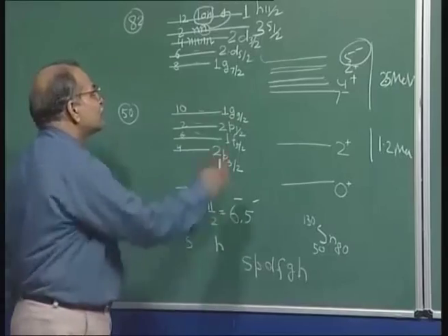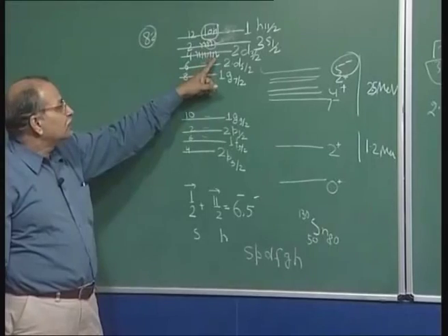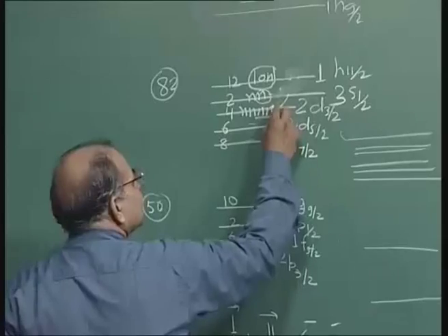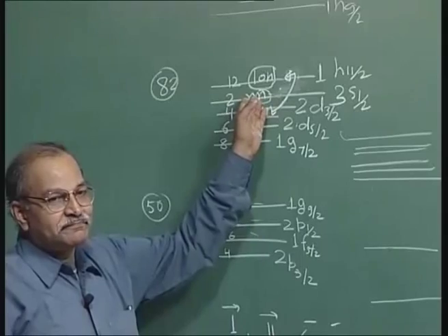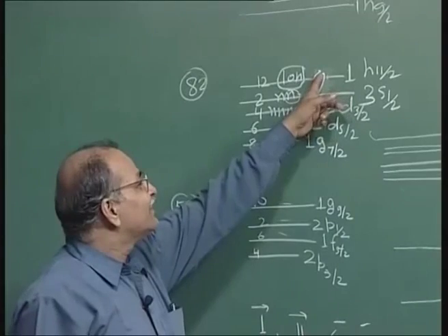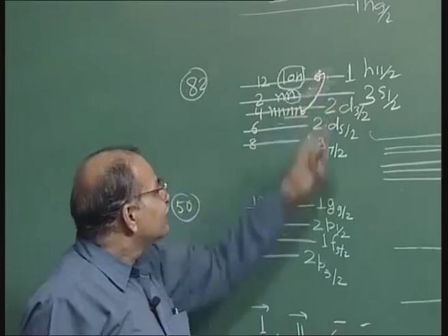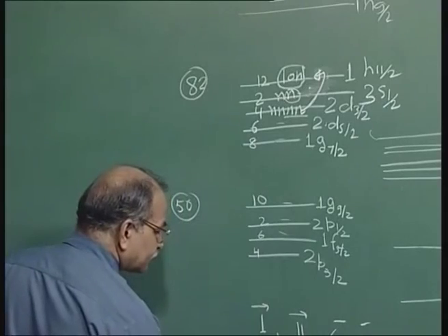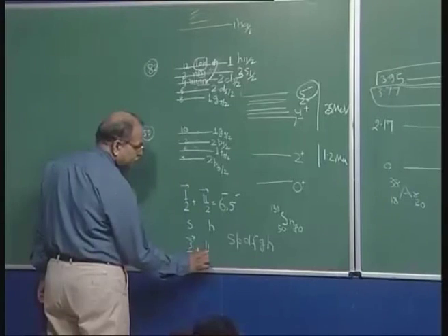What else can we do to get the other ones? d3/2 down, come up, right. Okay. So we break this pair. If this has to go, this has to go here. 3s1/2 is already full. Here you have a space. So it can be broken and from here it will be taken there. So then what is the scenario? Then you have d3/2 and h11/2.